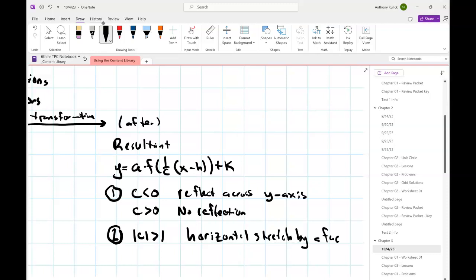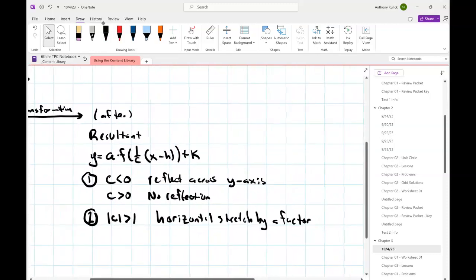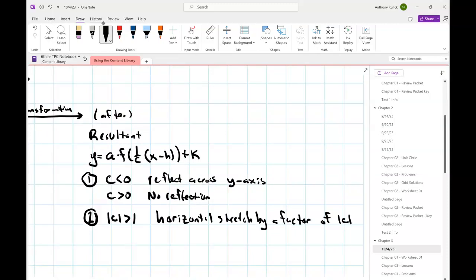Yes, absolute value of c greater than 1. So you're going to get a horizontal stretch. Think about our square from before. If we horizontally stretch that, what are we going to end up with? Like a rectangle, right? A stretched out square. If we stretch it left and right, you'll end up with a rectangle.